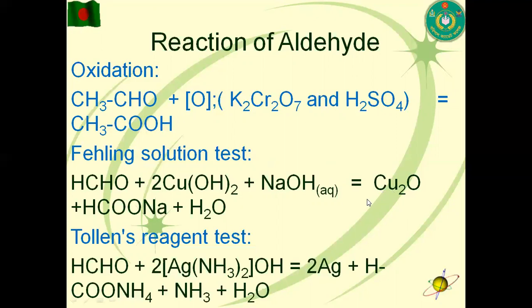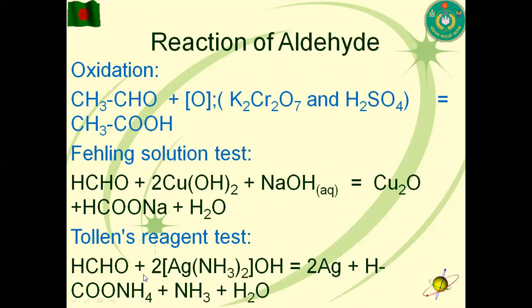This product shows a red color. So this is the specific test for aldehyde. If an organic compound reacts with Fehling's solution and shows a specific red color product, the reaction indicates that the reactant is an aldehyde. If it does not show any specific color, the compound is a carbonyl, but it is a ketone.